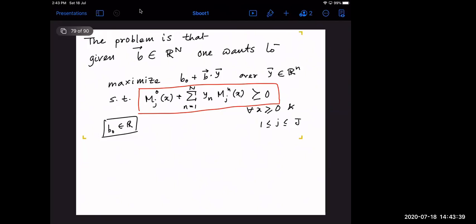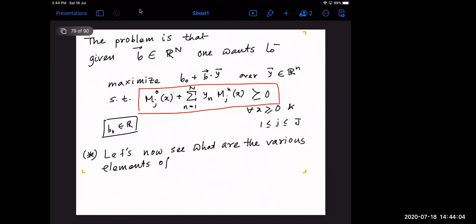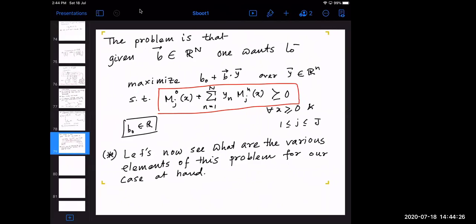Now let's see what the various vectors are for our problem. First of course, we have to identify the y.